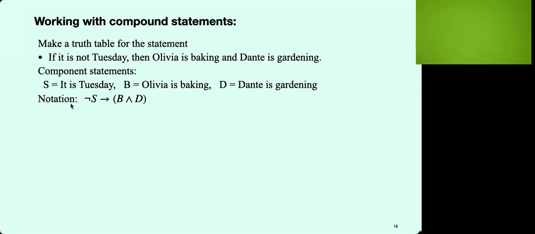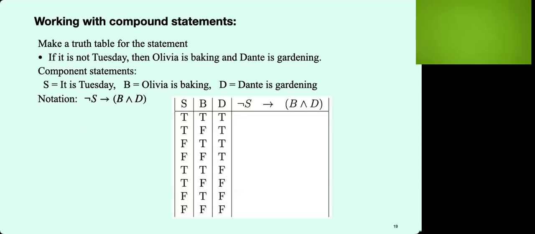All right, so the notation for the statement that we're interested in is: if not S, then B and D. And we're going to determine the truth and falsity of that compound statement. All right, here we go. Here is the truth table. And since I have three component statements, S, B, and D, my truth table just got a heck of a lot bigger because my truth table has to include all possibilities.